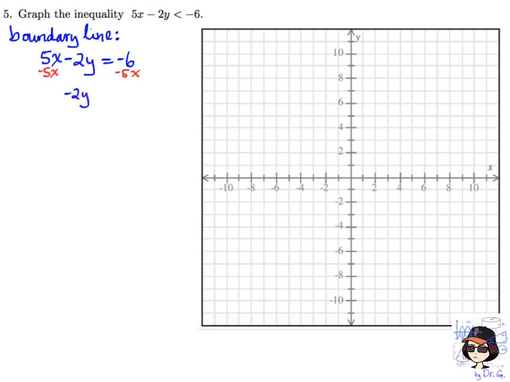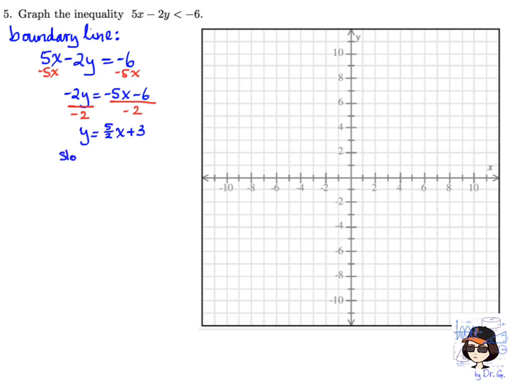So negative 2y equals negative 5x minus 6, and then divide both sides by negative 2, and I get y equals positive 5 halves x plus 3. Now why did I do it like that? Because it's easier to graph if I know the slope and the y-intercept.